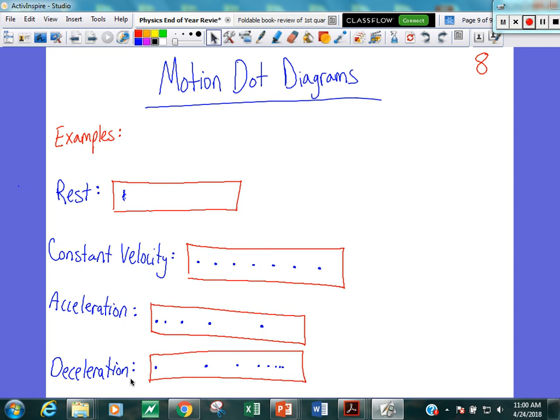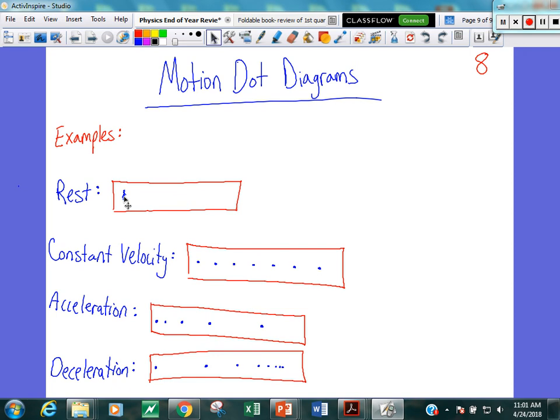So if you remember these dot diagrams, you've got to kind of think of it as a car that's losing oil. So there's an oil drip. But the oil drip happens at consistent intervals every time. And so if you'll notice, if the object is at rest, this car is at rest, you're just going to see a bunch of dots right on top of each other.